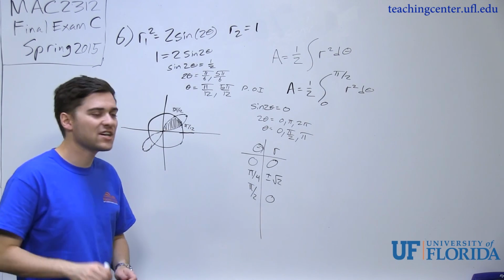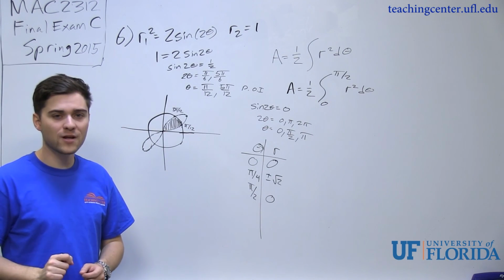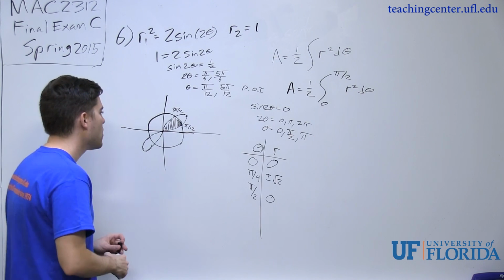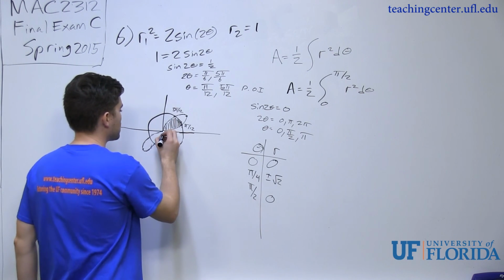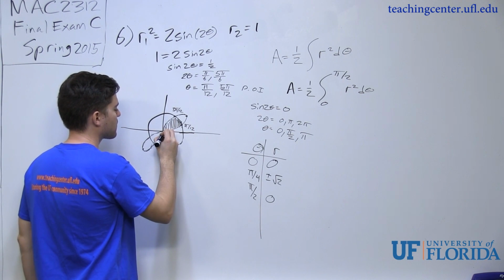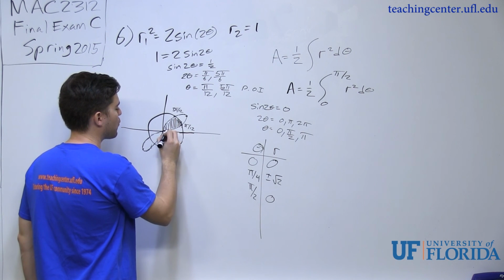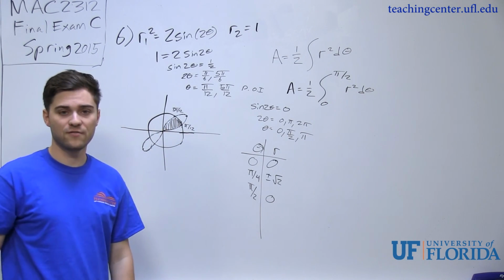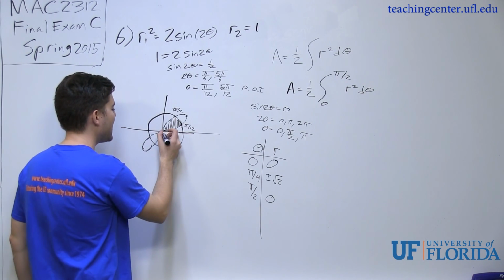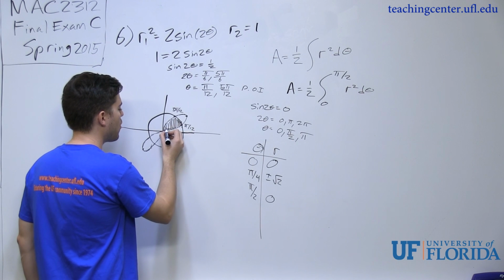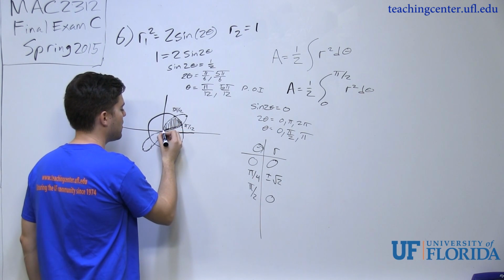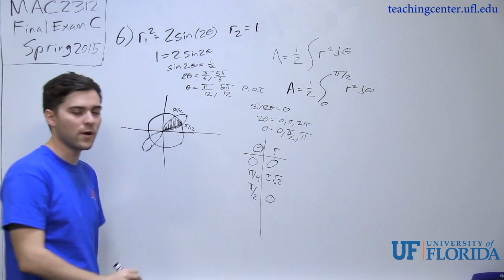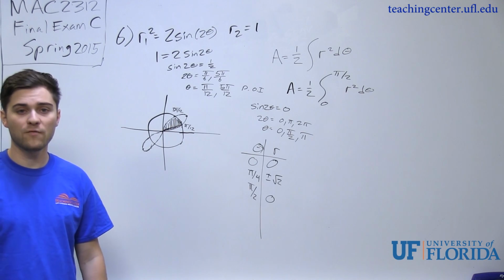So now that I know this, I just need to figure out how I can break it up accordingly to get that area. So let's look, starting from 0, if I extend out my radius, I actually end up hitting this R1 squared curve. And I end up hitting it all the way until I get to my first intersection point, which is pi over 12.